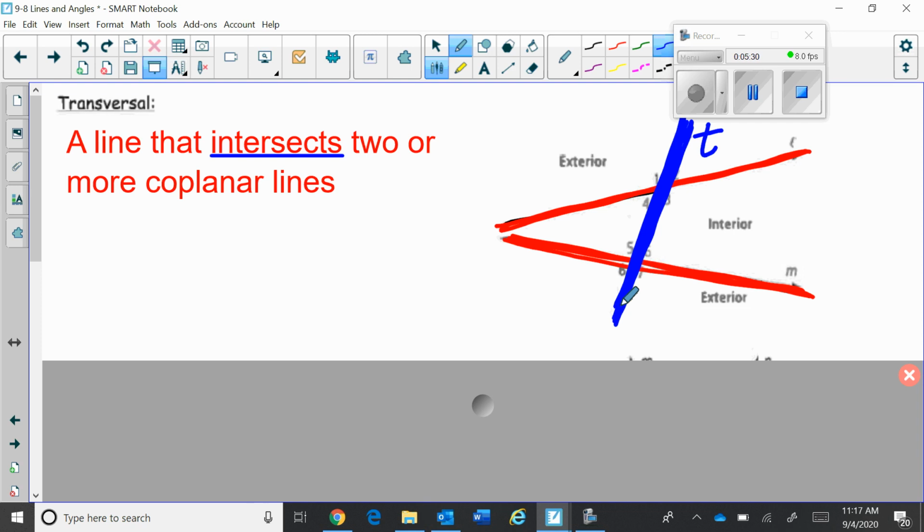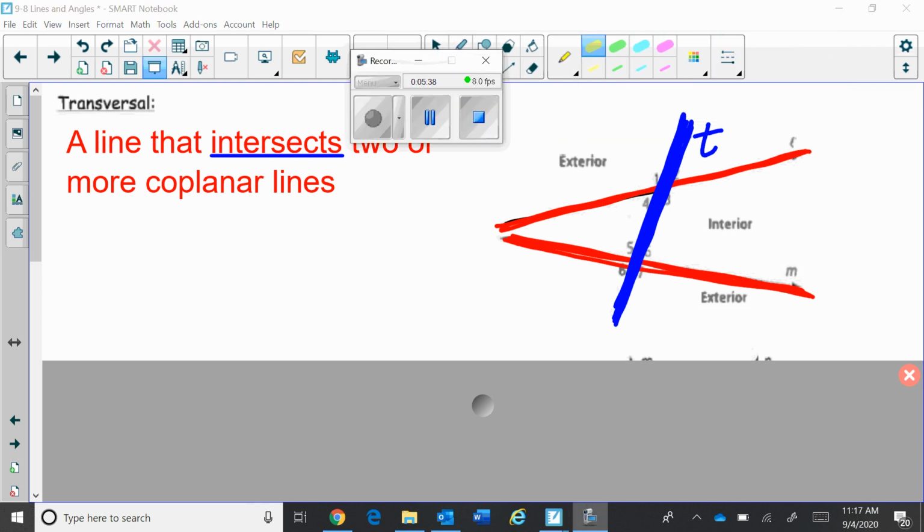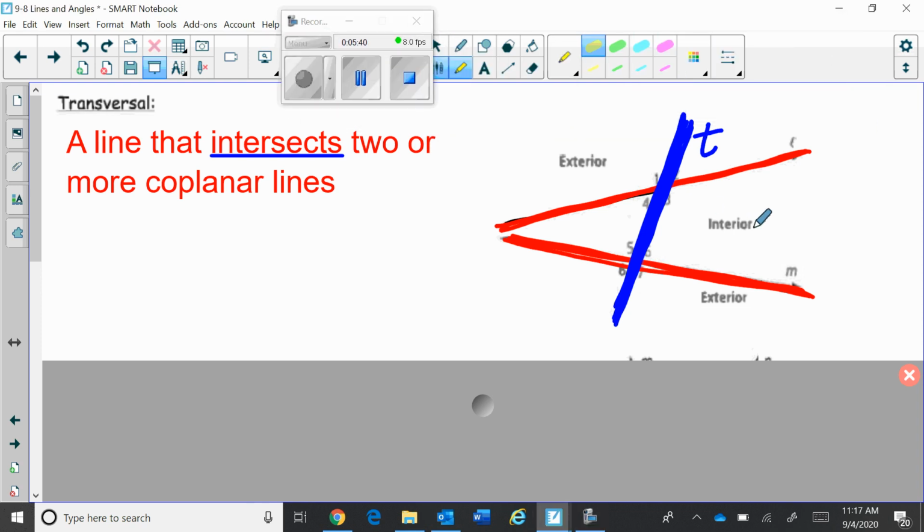If you notice, we have an interior and an exterior section. Interior is what it sounds like: it is inside of those two red lines, and exterior is outside the two red lines. And we see all those different angles that are being formed.